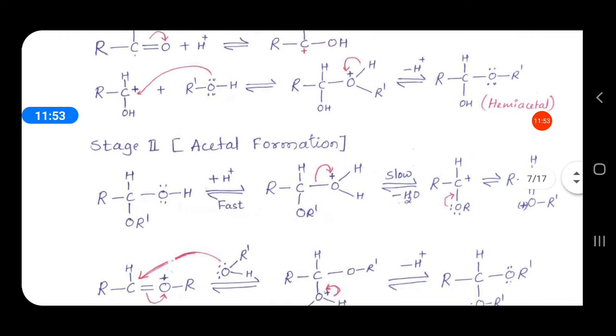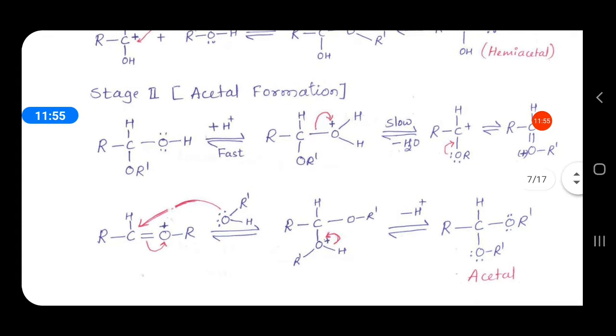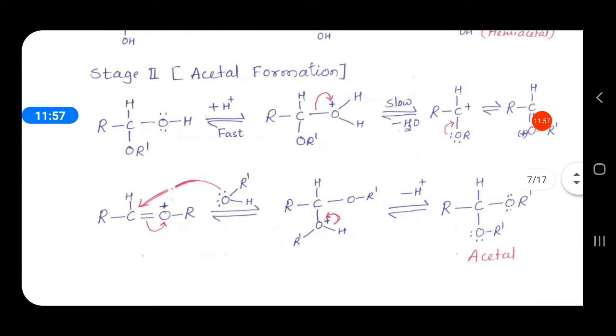In the second step, this hemiacetal again in presence of acid. In the hemiacetal, there are two oxygen groups, one is the alcohol group and another one is an ester group, and the alcohol oxygen reacts with the H plus of an acid and gets protonated.